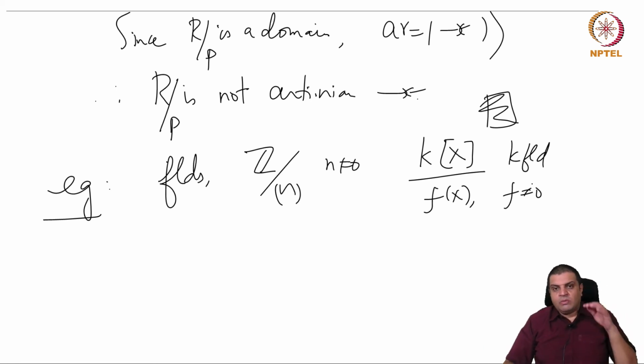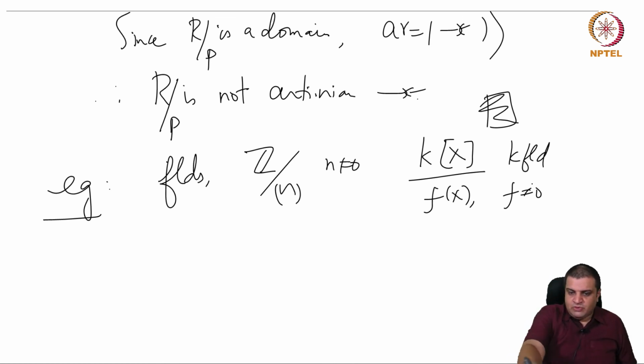So these are all Artinian rings. Z is not Artinian, for the same argument as what we just showed in the proof. PIDs, polynomial rings in a larger number of variables, they are not Artinian.